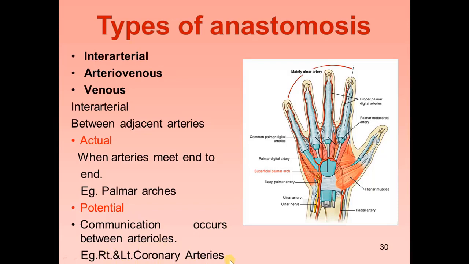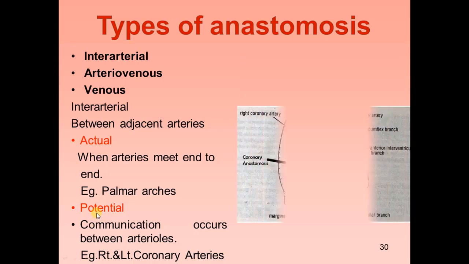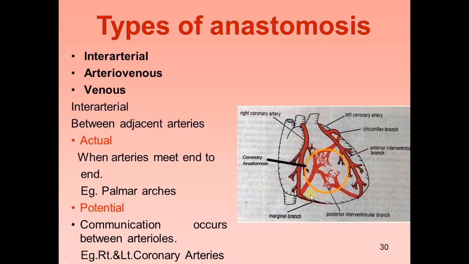If there is a sudden block, then naturally this potential anastomosis will not be able to form a collateral circulation. Okay, so that is the difference between the actual anastomosis and the potential anastomosis. So that is the potential anastomosis between the coronary arteries, the arterioles. They form an anastomosis, but perfusion does not take place.